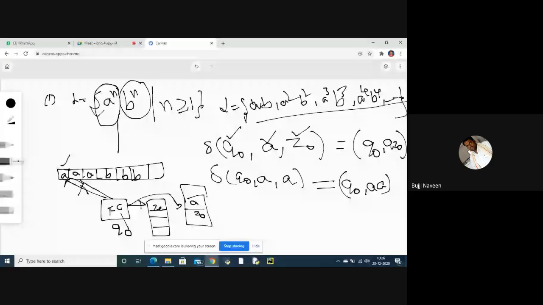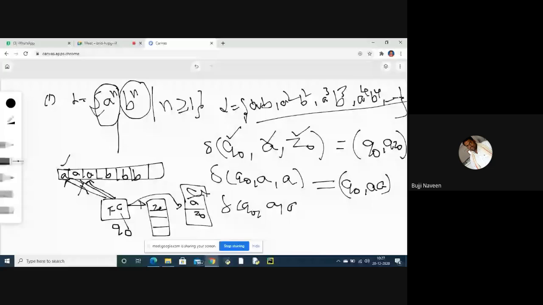And next, the input tape contains the alphabet as small a. Delta of q0, comma small a, comma a is equal to q0, comma a only. And next we have the symbol b.